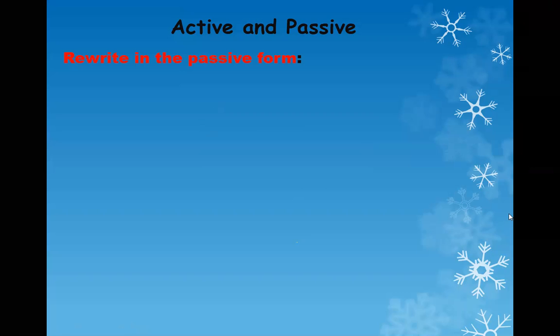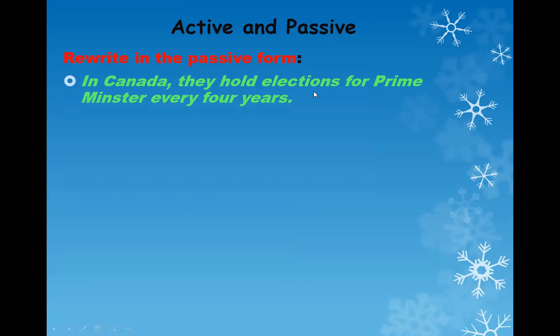You will have a sentence in active form, and you will transform it into passive. Number one: In Canada, they hold elections for prime minister every 4 years.